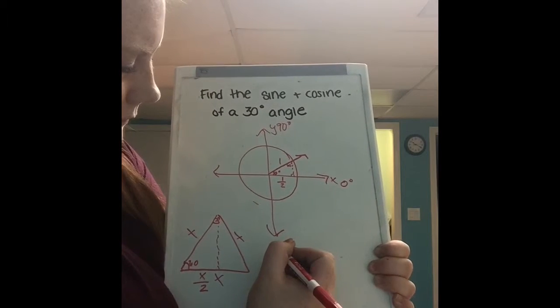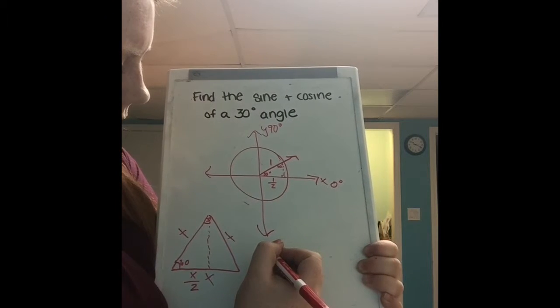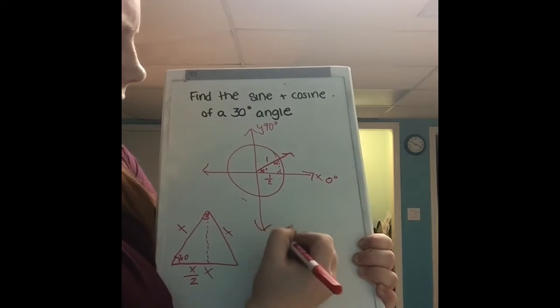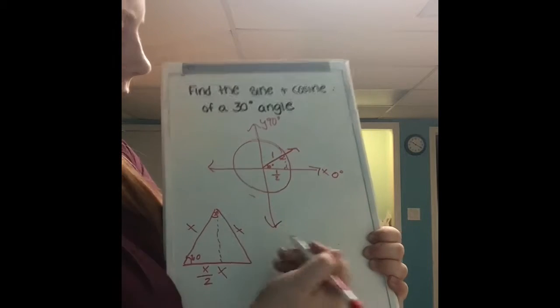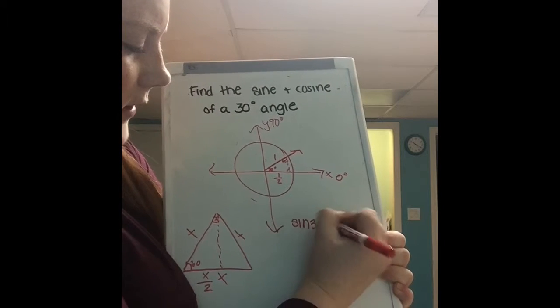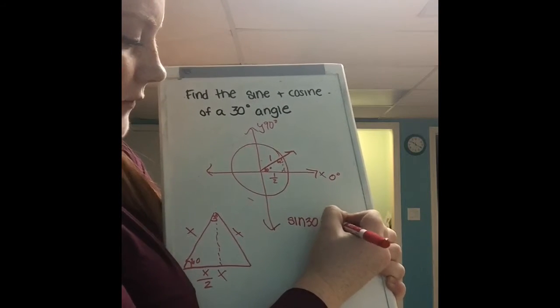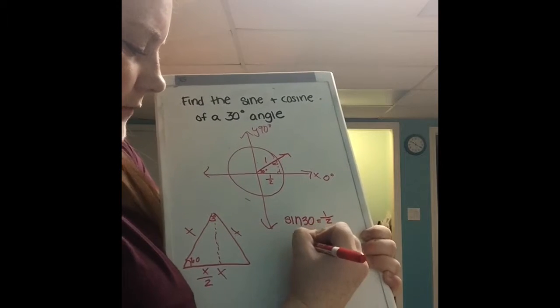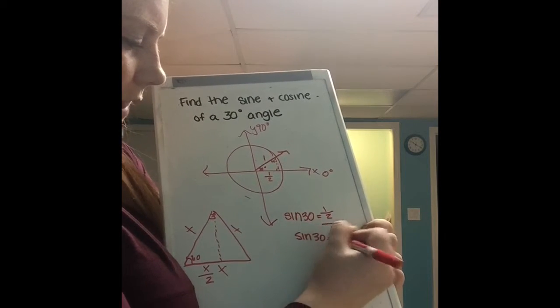So sine, you know that's 1/2. You also could say sine of 30 degrees equals 1/2 over 1, which equals 1/2.